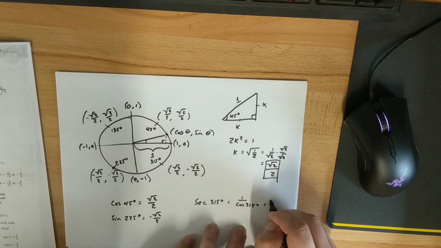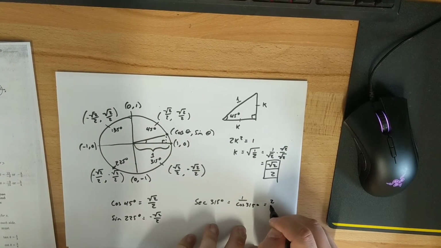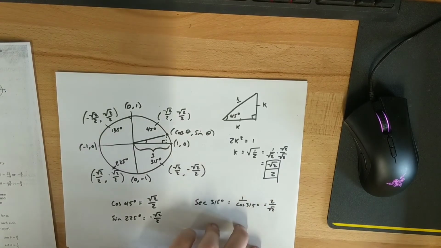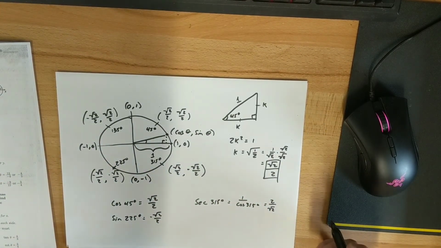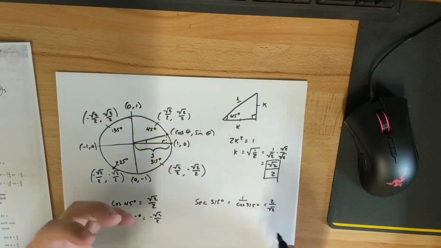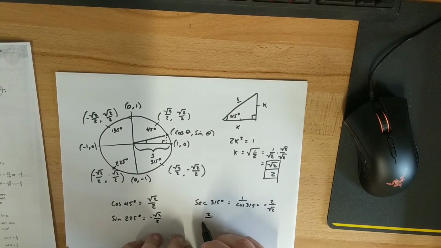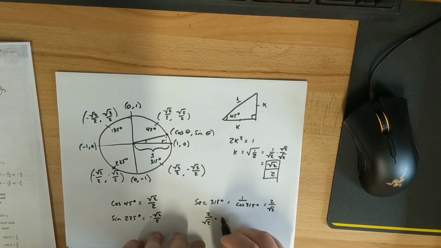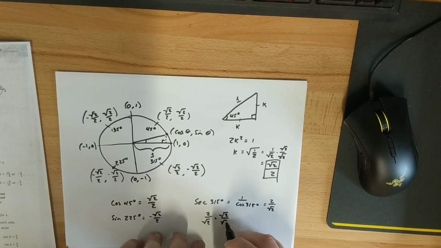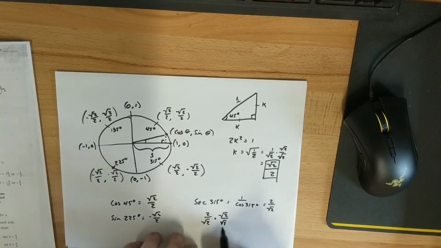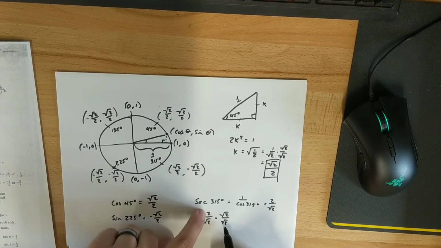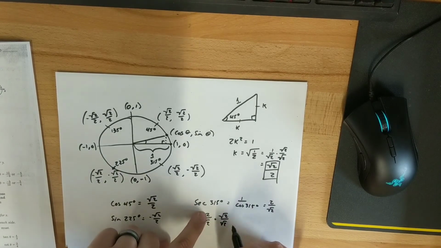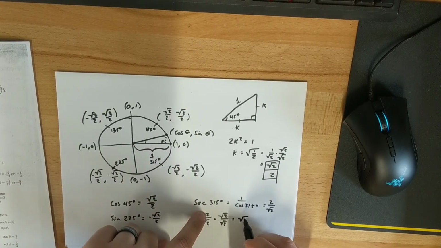So that ends up being 2 over root 2. But we got square roots on the bottom, and that's bad news. So we do 2 over root 2 times root 2 over root 2, which is just 1. We're just rationalizing the denominator. This is going to turn into a 2, but I already got a 2 up there, so this 2 and that 2 cancel, and I end up with the square root of 2.